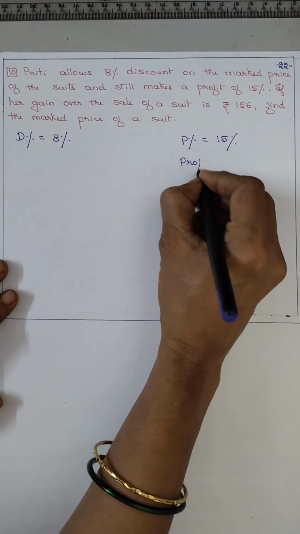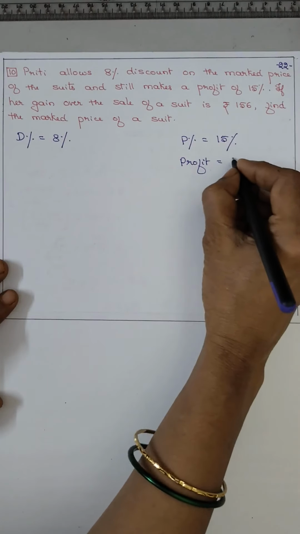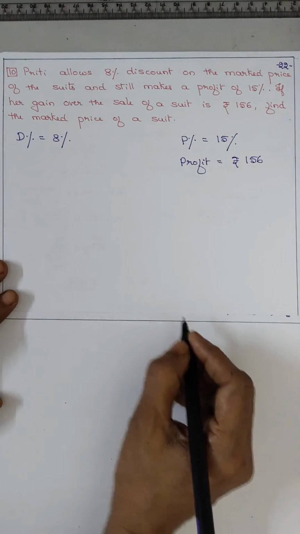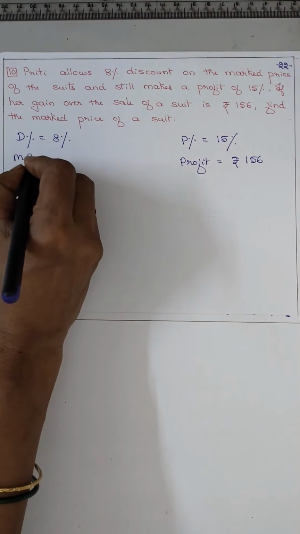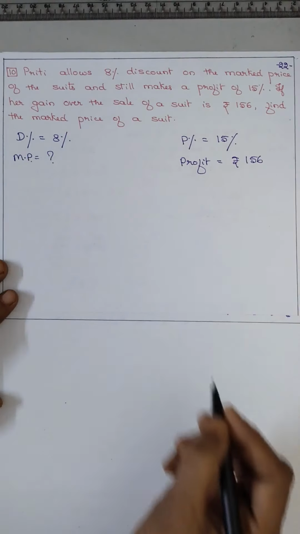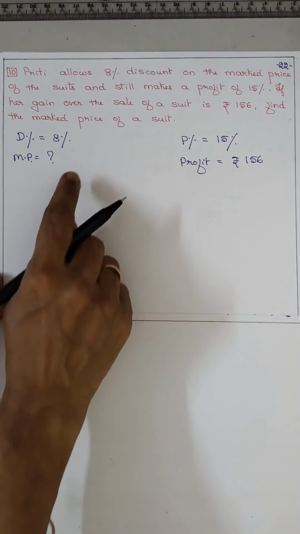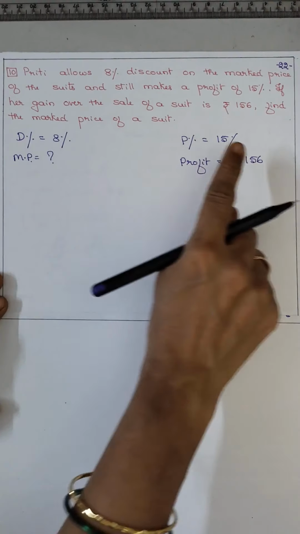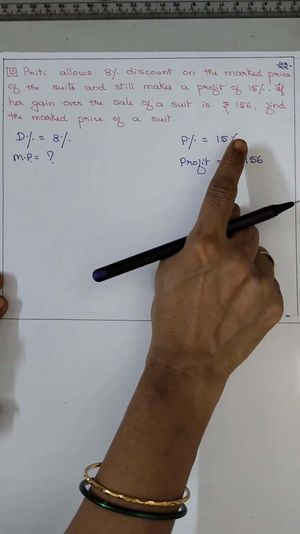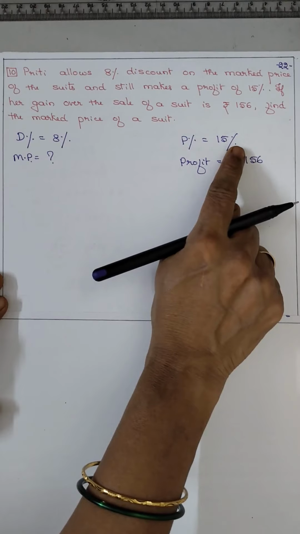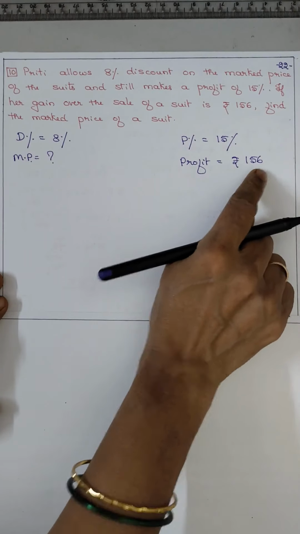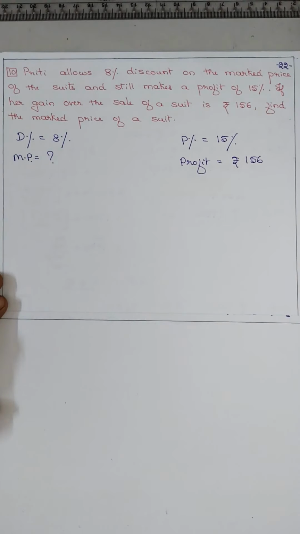Profit, is rupees 156. Find the MP. Discount percent is given 8%. Profit percent is given 15%. Now the profit is given 156 and they have asked you to find out the MP.